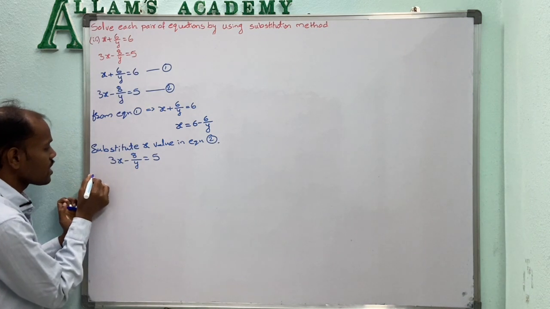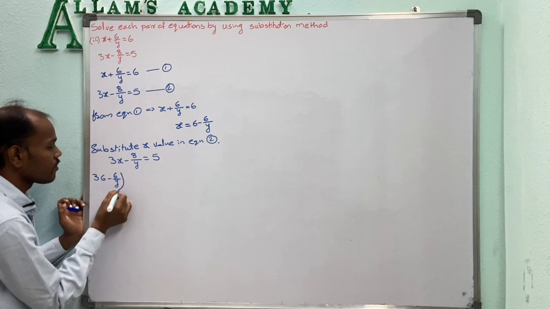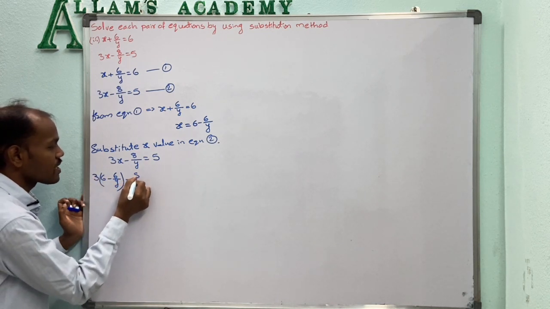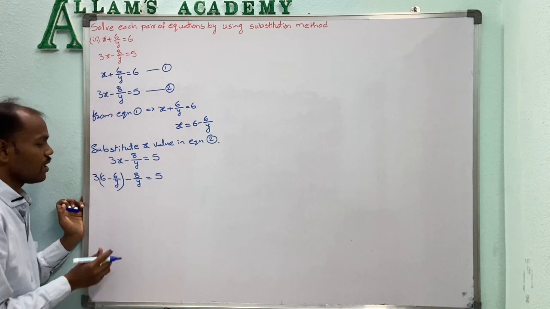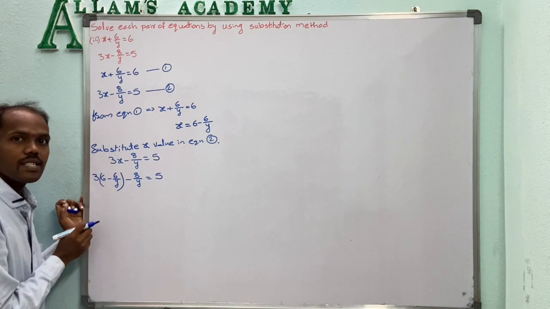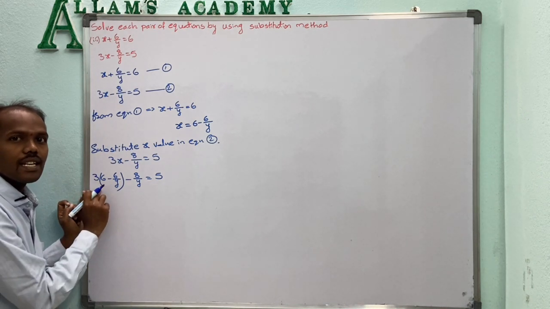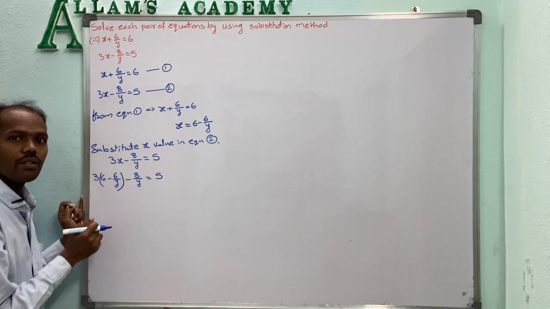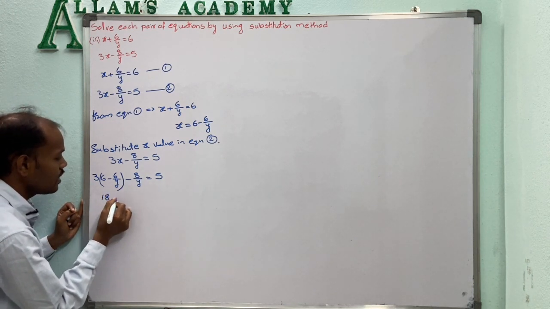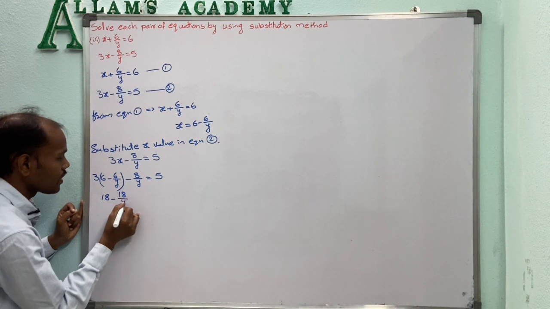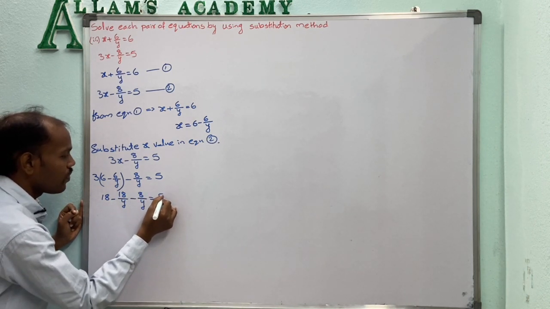So 3 into 6 minus 6 by y minus 8 by y equal to 5. Now 3 multiplying with 6 minus 6 by y: 3 into 6 is 18, 3 into 6 by y is 18 by y. So 18 minus 18 by y minus 8 by y equal to 5.